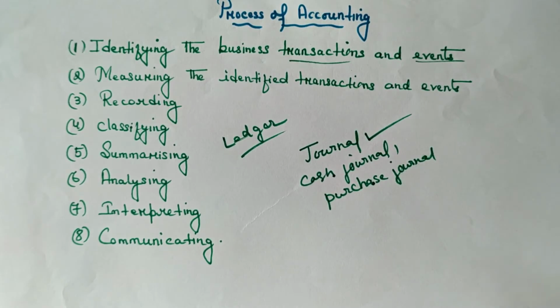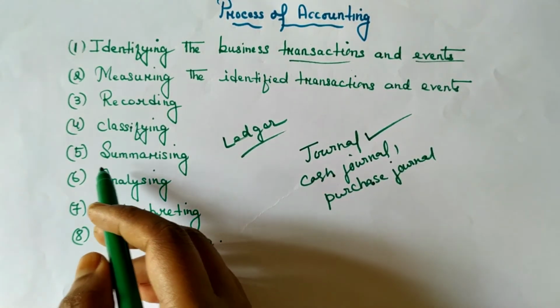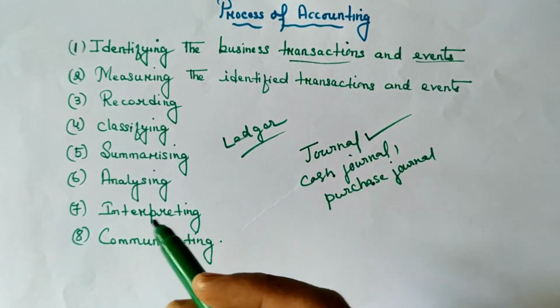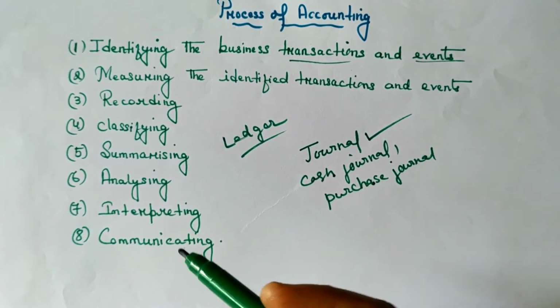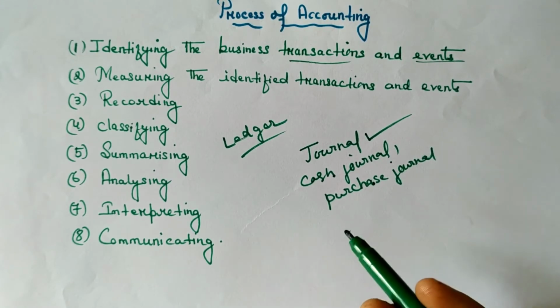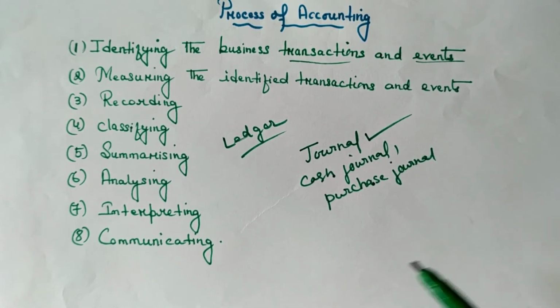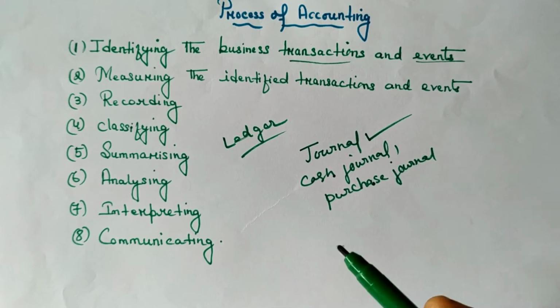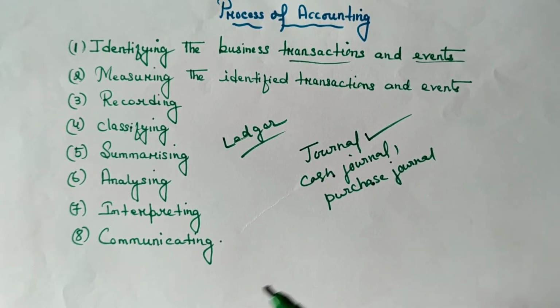The next step is summarizing. Well, summarizing involves presenting the classified data in a manner which can be easily understandable and useful to the internal as well as external users of accounting statement. Now, what are those statements?